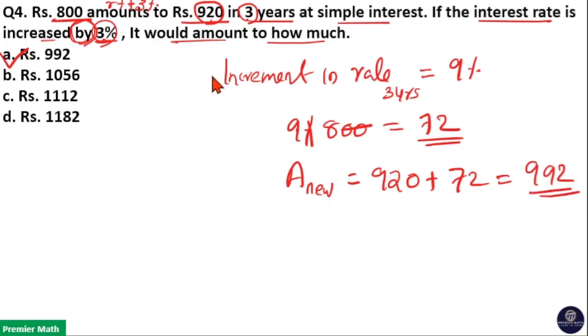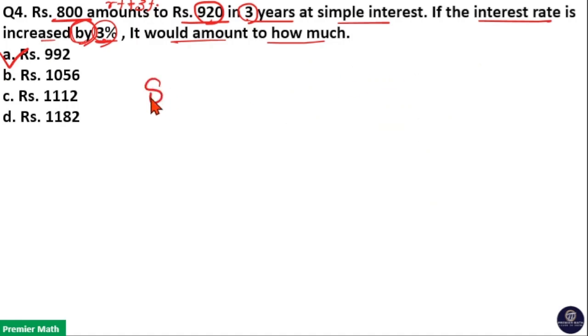If you have difficulties in understanding this, here 800 is the principal and the interest received for R percentage for 3 years is equal to 920. So this is the current amount. Now here the increment in rate is equal to 3% for 3 years. Here already 3 years is written.